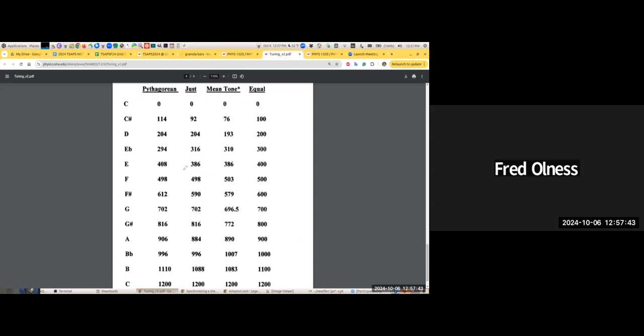So this is a good third, and also the mean tone has a good third. So 386 is a good third. Now, here's the Pythagorean, and that's that 81 over 64. That's a very wide third. And the equal, the third is not so good, but it is better than the Pythagorean.